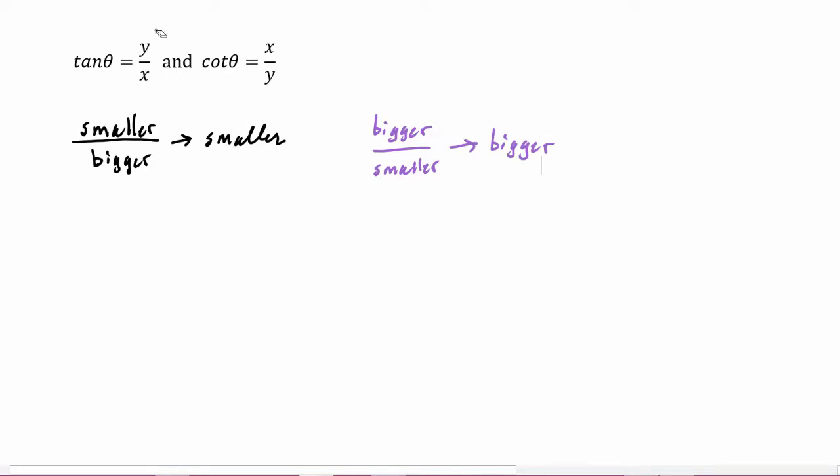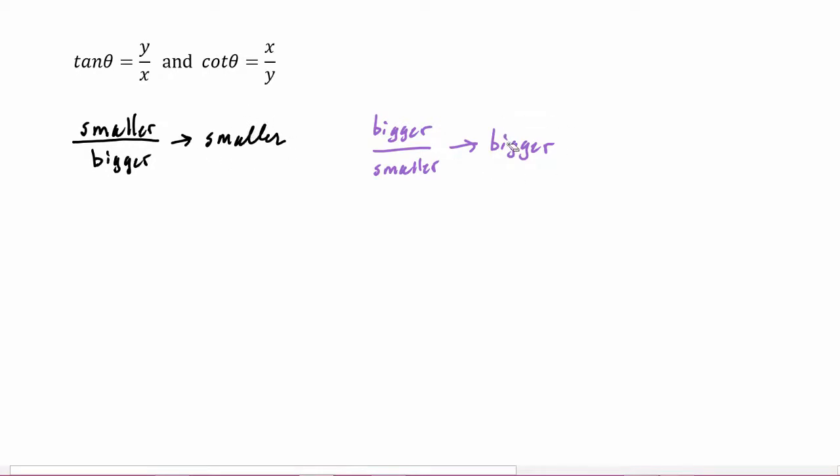So y over x could be a very small number. Y over x could be a very large number. It could also be positive or negative because x and y take on positives and negatives. It could also be 0 because y could be 0. So it could be 0, it could be very small, it could be very large, it could be a tiny negative, it could be a huge negative.